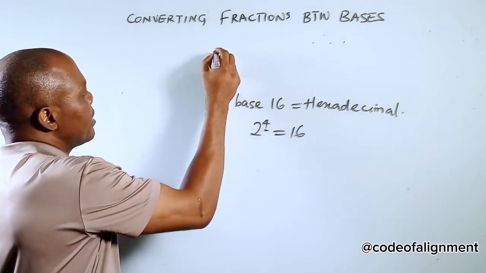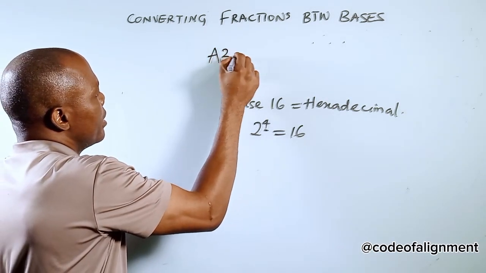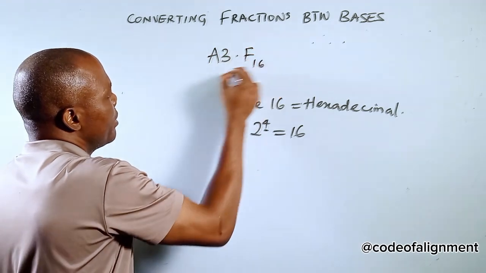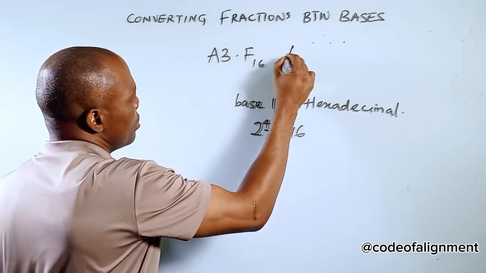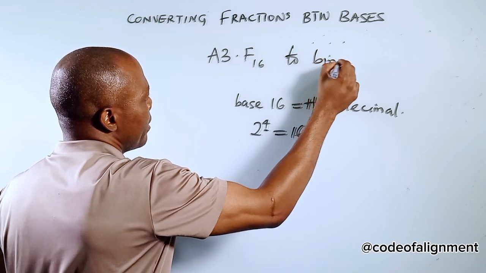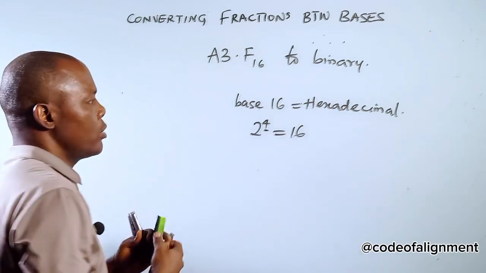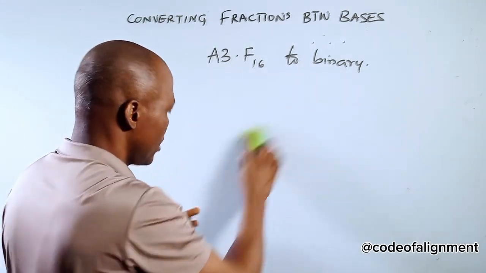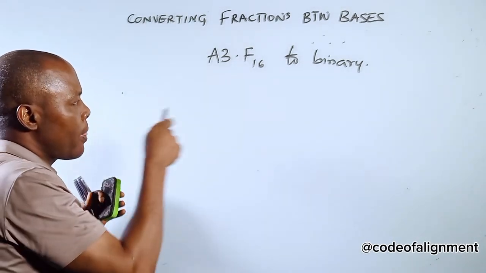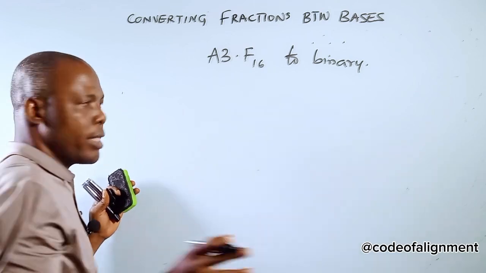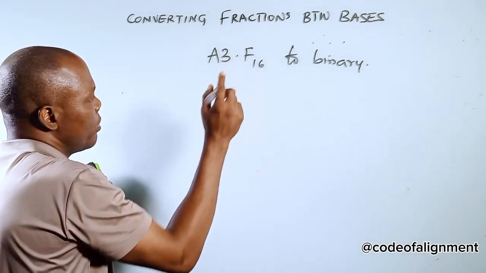So if I'm to convert A3.F, this is base 16, to binary, this is going to be very straightforward and easy. So what do I do? Now, I gave you the number system. For binary, we are just dealing with 4 bits.